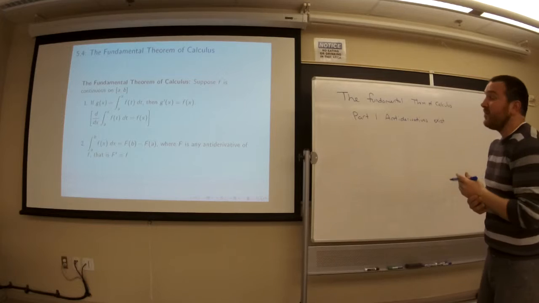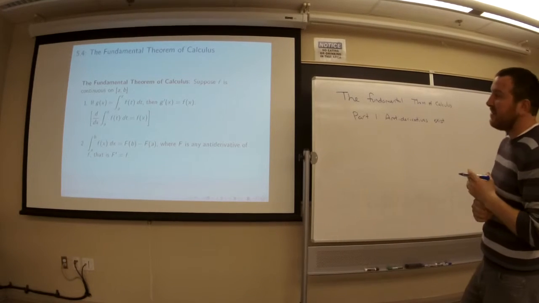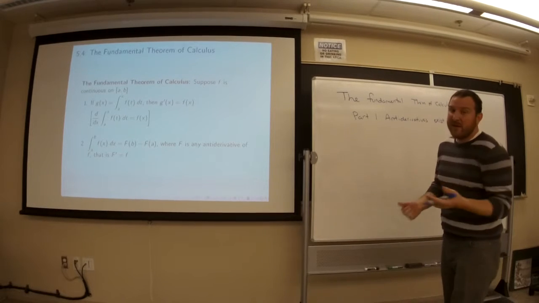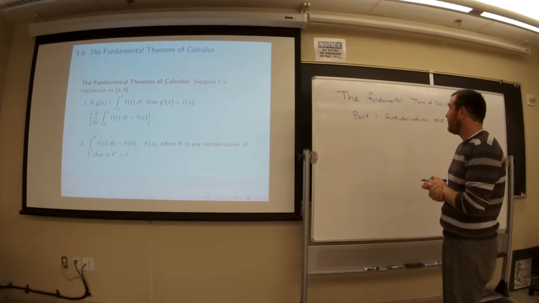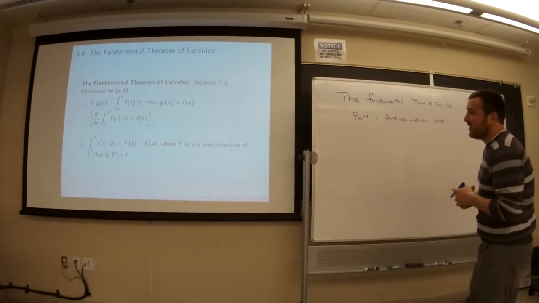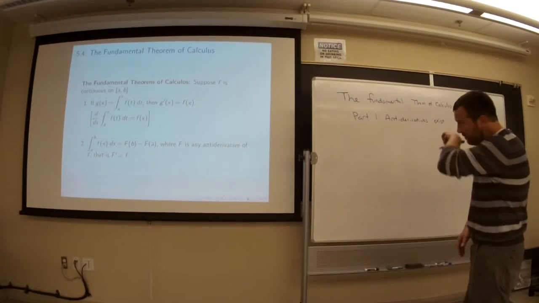Now finding it might be a little bit harder, and that's a big focus of this class: learning methods to find antiderivatives. But there are still antiderivatives for some functions that seem like they should be pretty easy, that we don't actually know how to write a nice algebraic rule for.